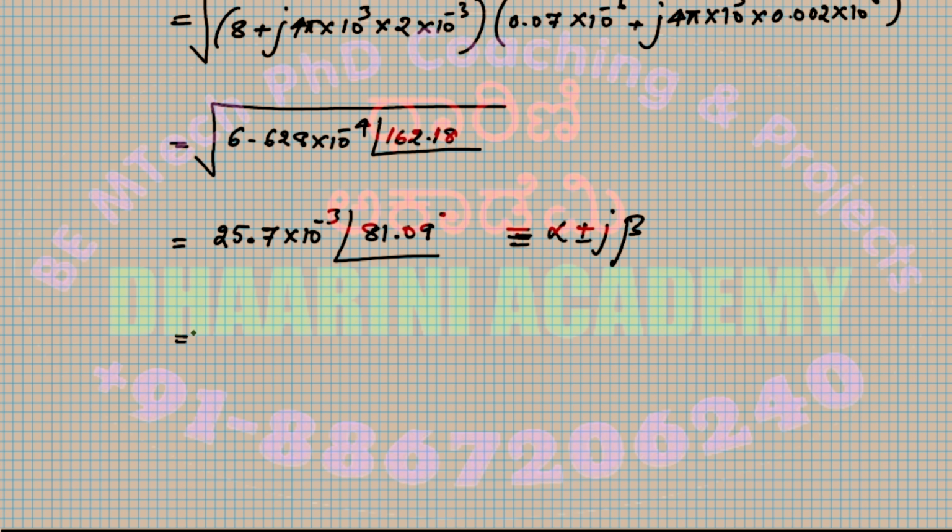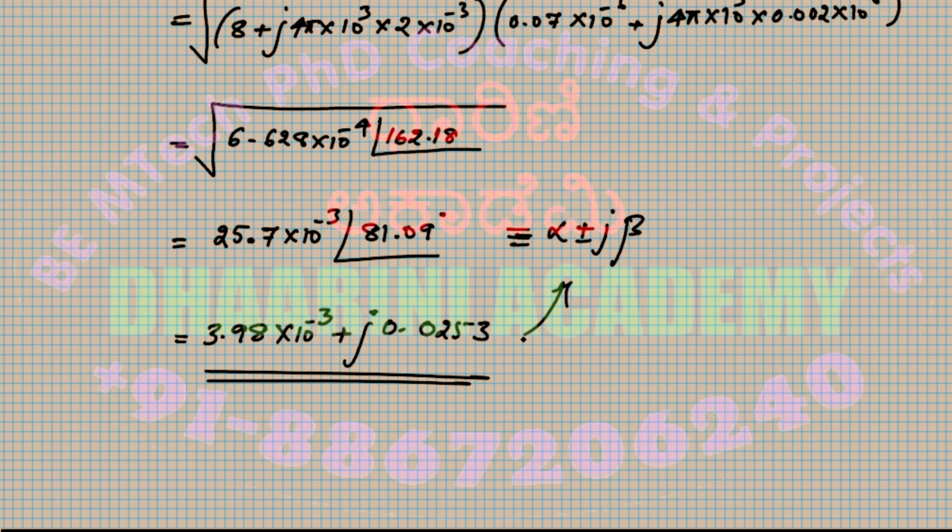Okay, so that is 3.98 into 10 to the minus 3, 0.025. Now that means I can equate, right?